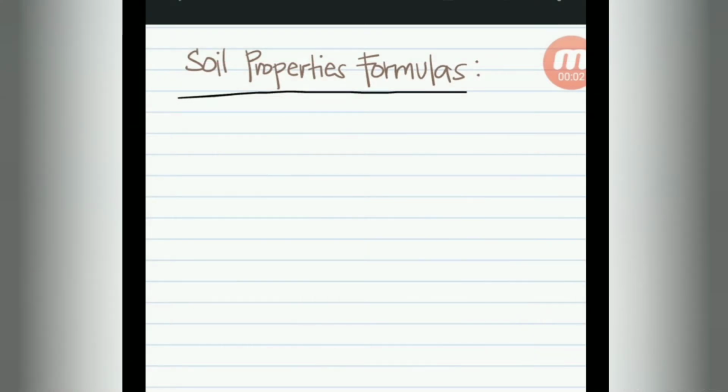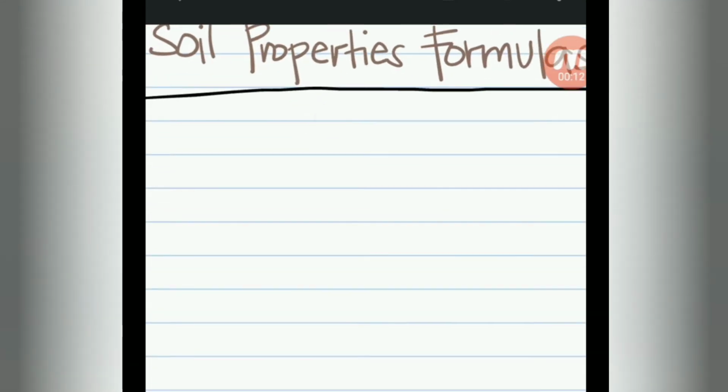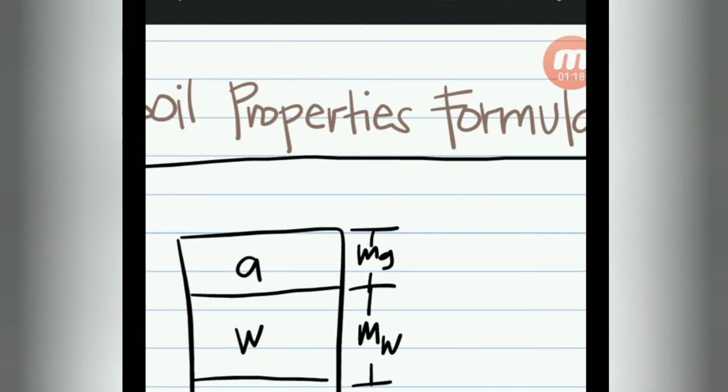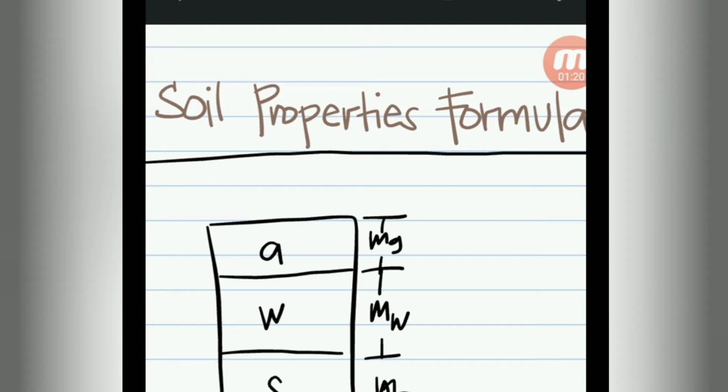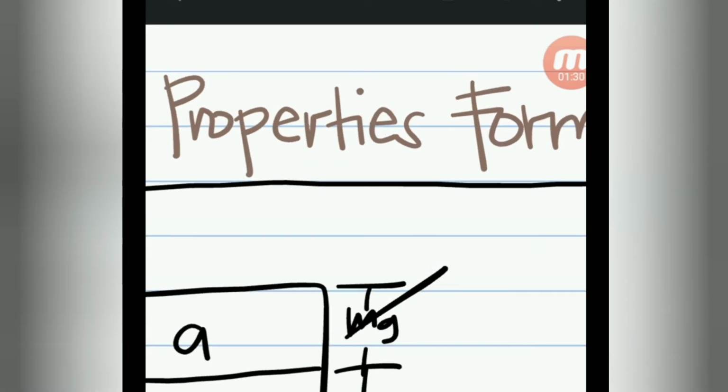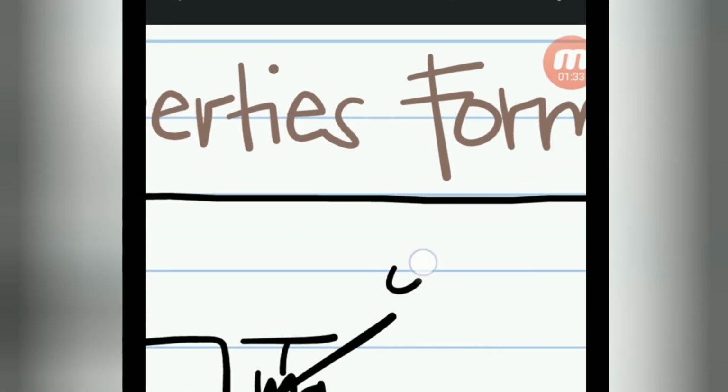So here's a quick trick on how to memorize these various formulas for soil mechanics and soil properties. Going back to the figure that we had a while ago, the mass of the air in the particular soil is negligible, right? So we can assume that this M_a is equal to 0.